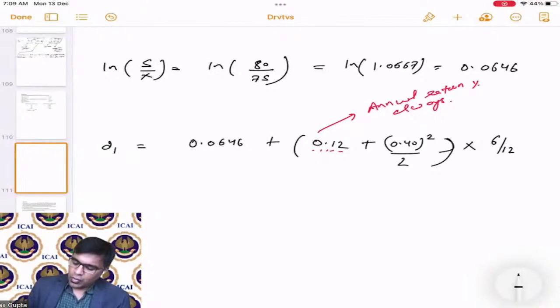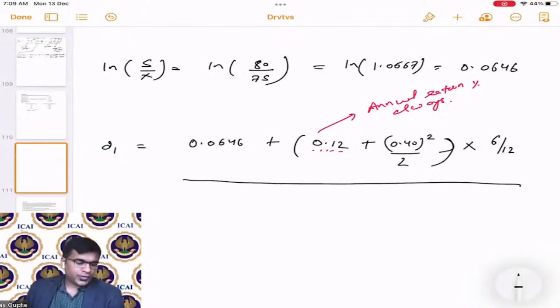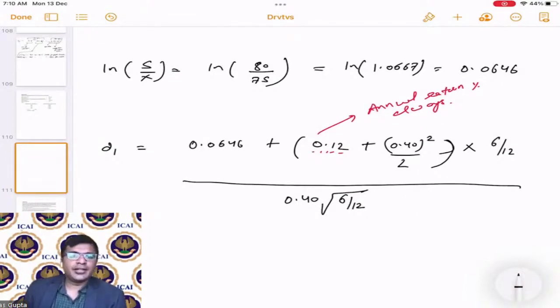This is 6 by 12 whole divided by what was the V under root T. So it was 0.40 under root 6 by 12. Okay. I hope that the D1 formula is clear. And I would request all of you not to go into the derivation of this, because D1 and D2 are derived from a lot of other things which are beyond the scope, for example Brownian motion and other things.